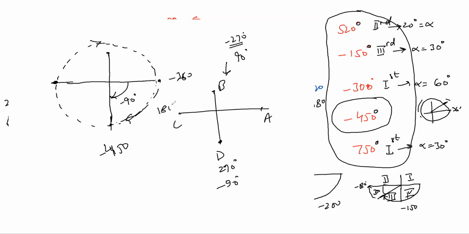This is both 180 degrees or minus 180 degrees. And this can be 0 and it can also be called 360 degrees. So for this minus 450, you can simply say this is at a location of minus 90 degrees, or you can say it is located at an angle of 270 degrees.